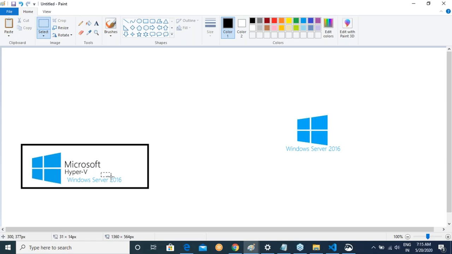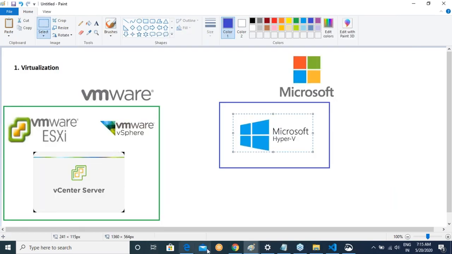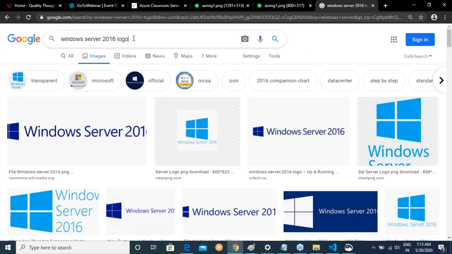This 2016 server is actually physical in your office, but in our case, it will not be physical. This will be on the cloud, and on this I'll be creating virtual machines.